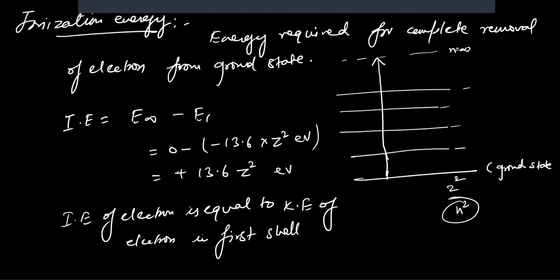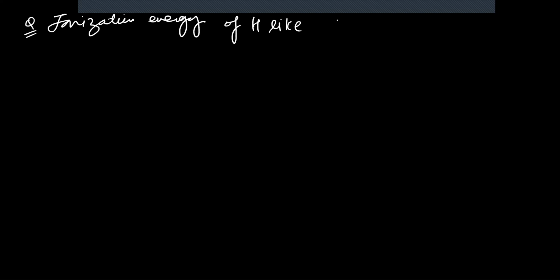Done? Okay. Next, if I write a question here: the ionization energy of a hydrogen-like species or hydrogen-like atom is 14.4 electron volt.